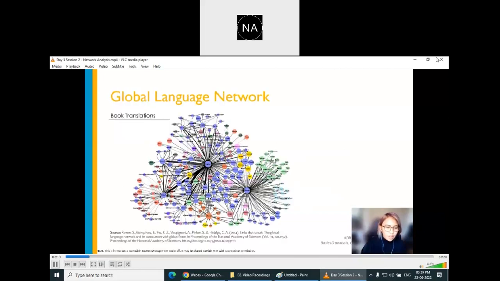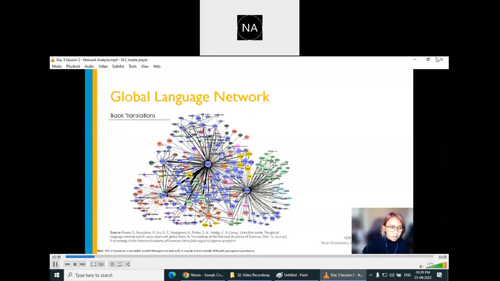So an example of a network that we're going to show you now is a language network. What you see now is the global language network represented by their book translations. And this beautiful network is created by the Proceedings of the National Academy of Sciences.